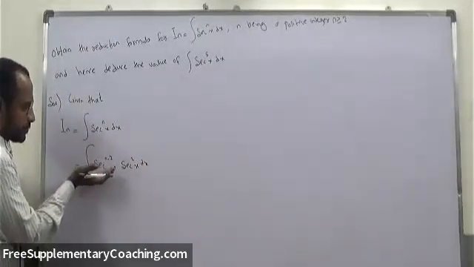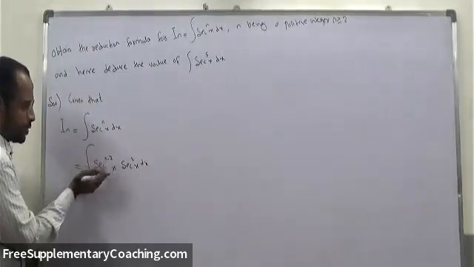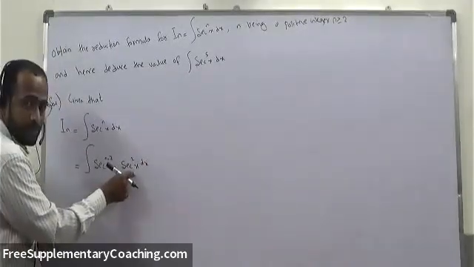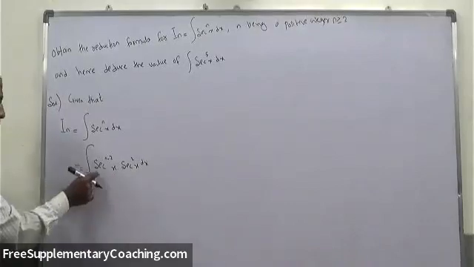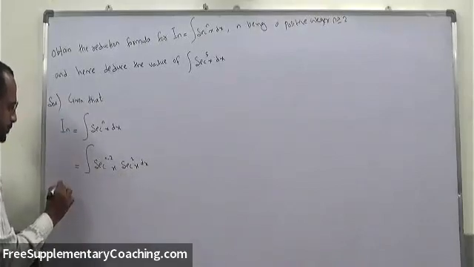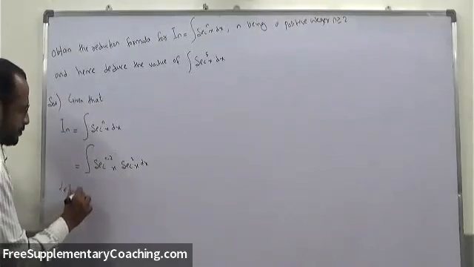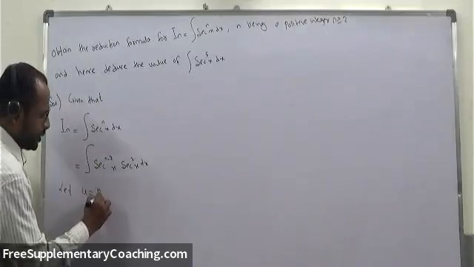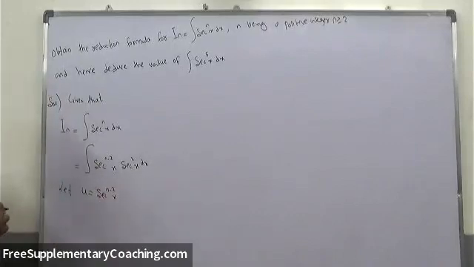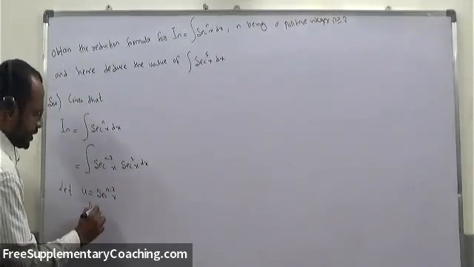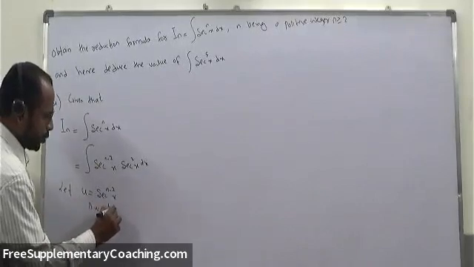This is in the form of integration of u into dv, the formula we learned previously. From these two terms, let u be equal to secant power n minus 2 x. Now differentiate with respect to x.